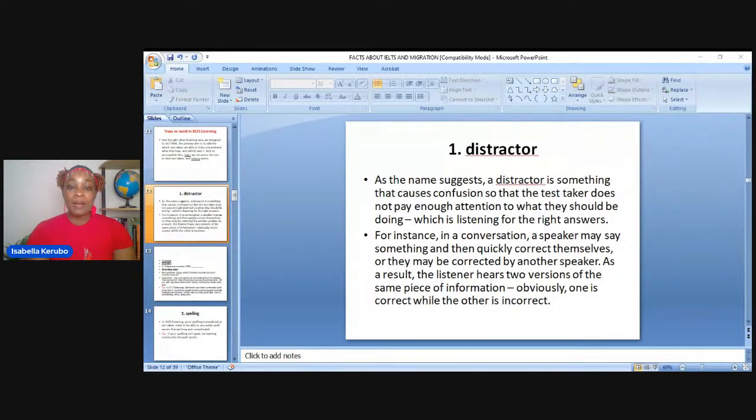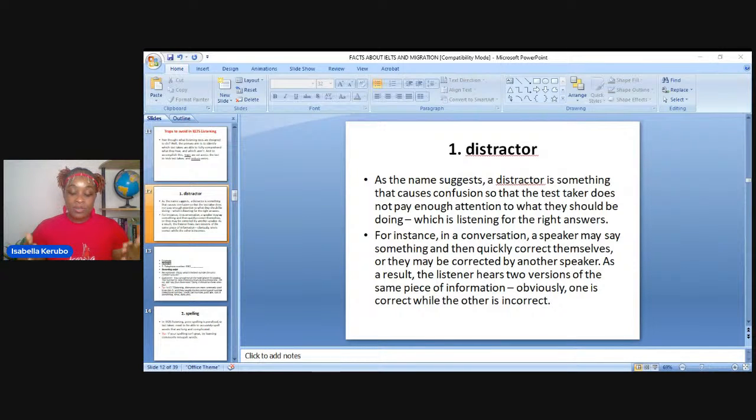Now the problem comes. This is what I mean when I say transferring of answers. What happens in the IELTS listening test? You are given the question paper, and you're also given an answer sheet.